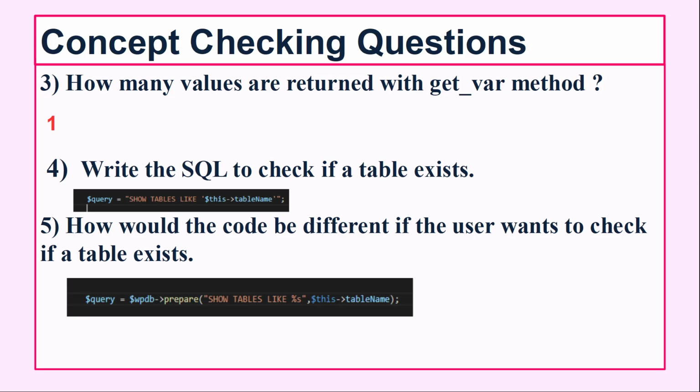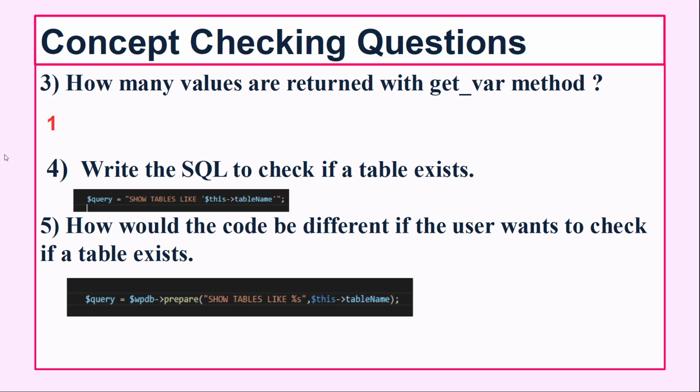How would the code be different if the user wants to check if a table exists? Well, if the user is allowed to enter information into our SQL, this can be a little bit dangerous. So what WordPress does is it has a method called prepare, and we can use it to create a placeholder, and then we use a comma and we add our variable afterwards.